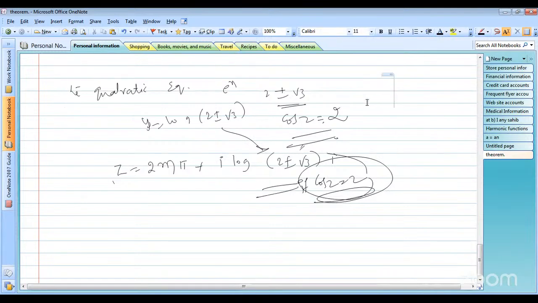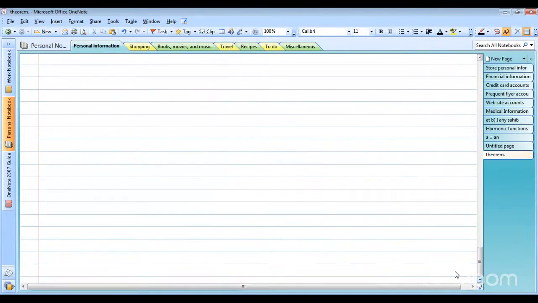Another problem we have to learn here. Show that cos of z bar is equal to the conjugate of cos z.